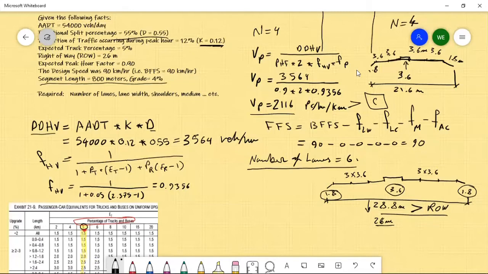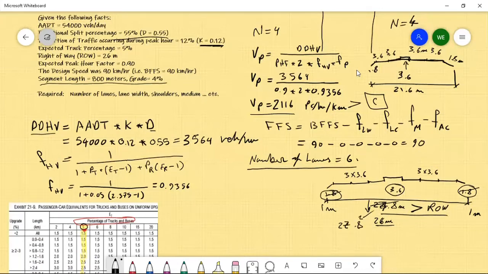So we will reduce the shoulders from 1.8 to, let's say, 1 meter. Okay, so this way now we are 27.8 instead of 28.8.